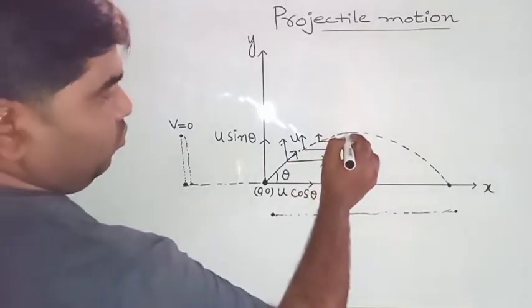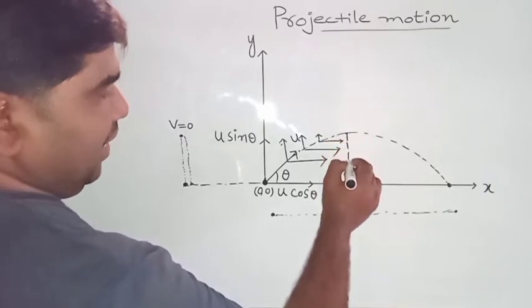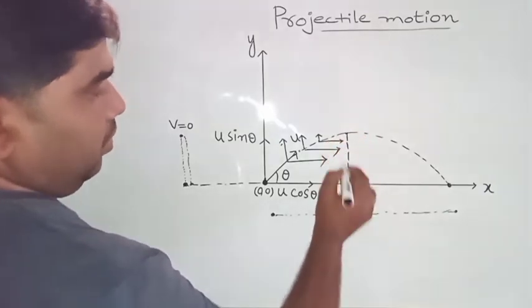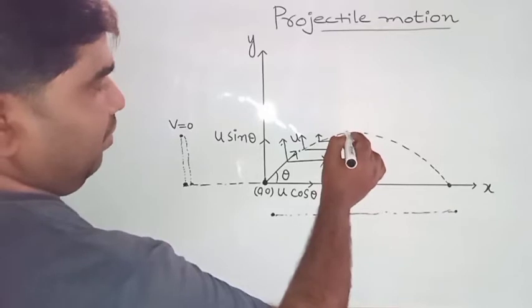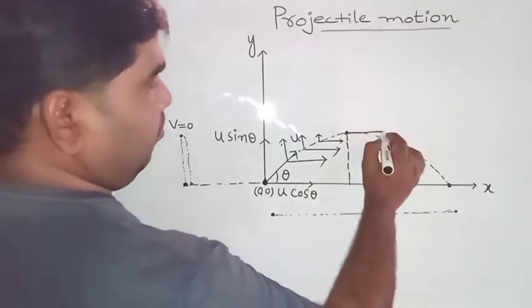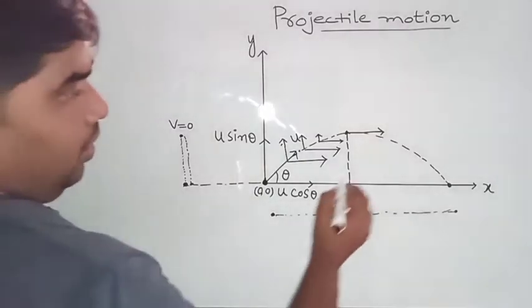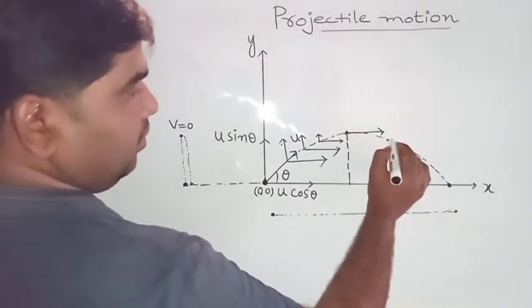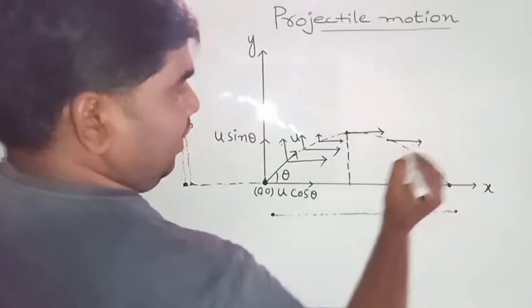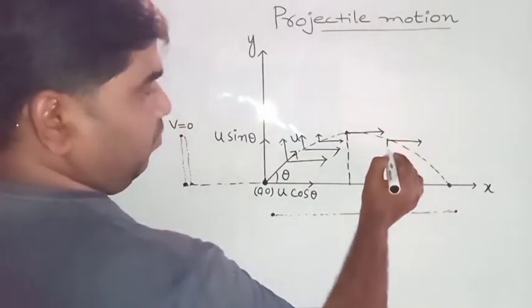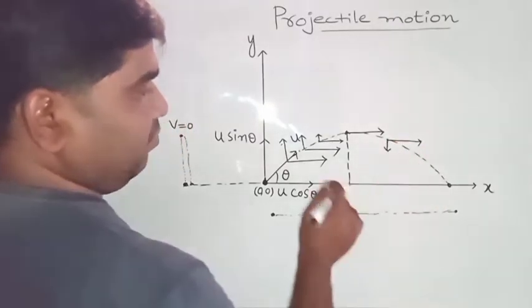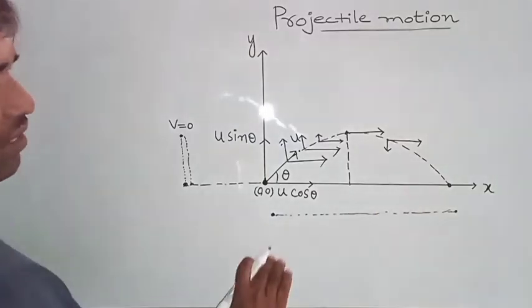When it comes to exactly maximum height, here vertical velocity is 0, but the horizontal velocity is the same. Again, when it comes to here, horizontal velocity is the same, but vertical velocity increases when the object moves downward.